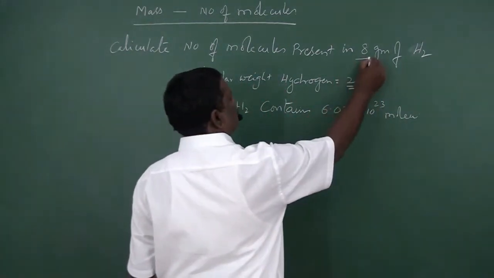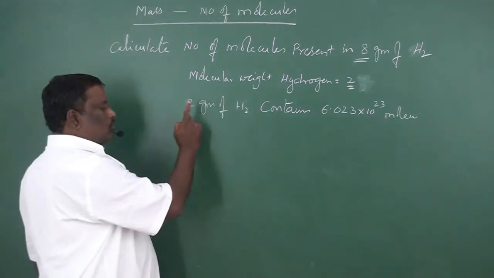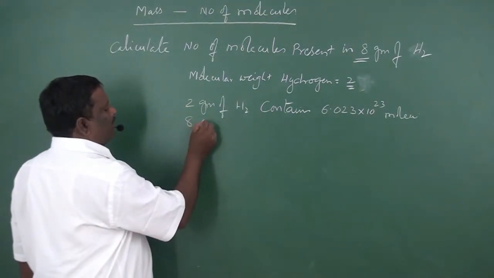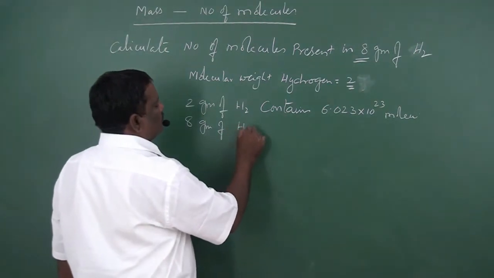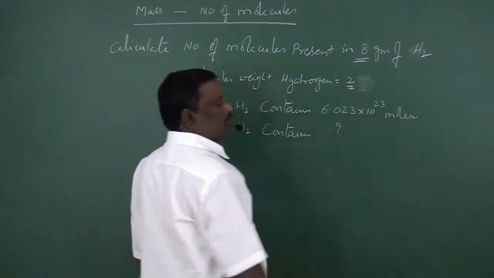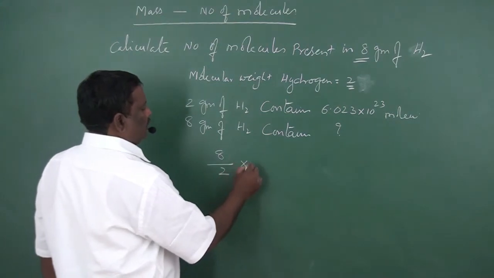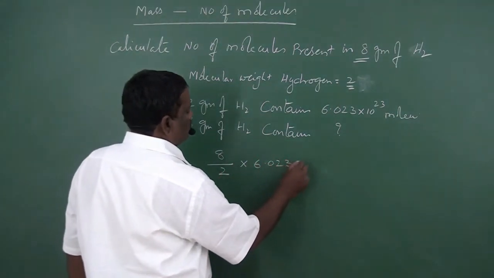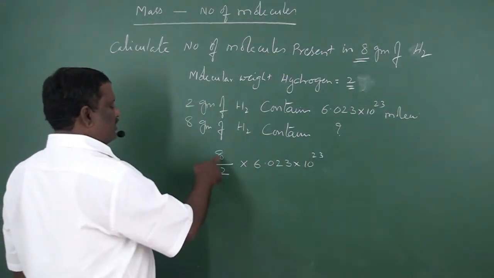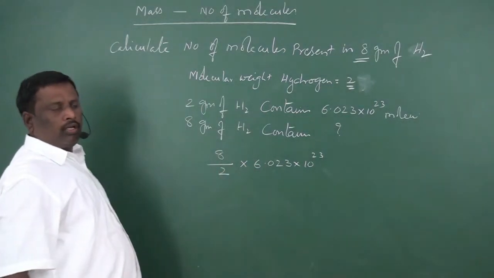Now they ask us to find the number of molecules present in 8 grams. So 8 grams of H2 contains 8 by 2 into 6.023 into 10 to the power 23. Remember the formula. This is the weight of the substance, this is gram molecular weight and this is the Avogadro number.